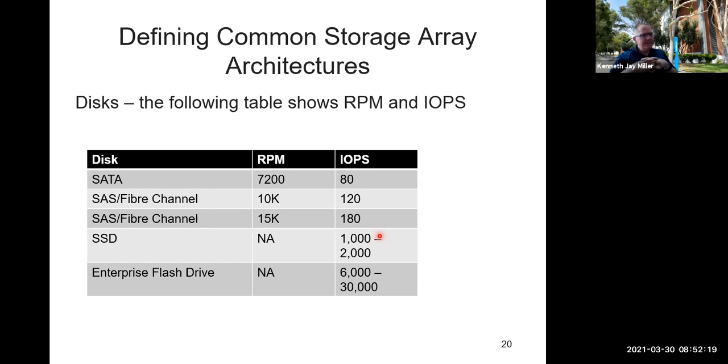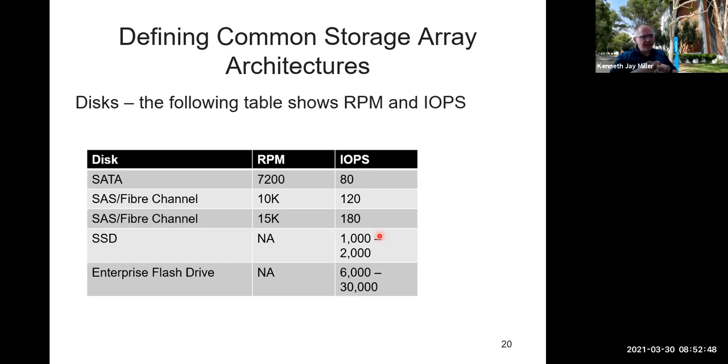Okay. A SAS drive, which is serial attached SCSI, or a fiber channel connectivity, so that's how it connects, with SAS or fiber channel at 10,000 RPMs goes up to 120 input output per second. If it's SAS or fiber at 15,000 RPM, it's at 180 input output per second.